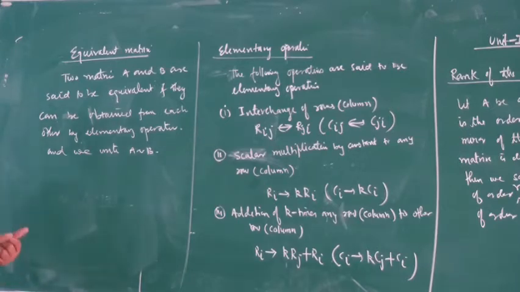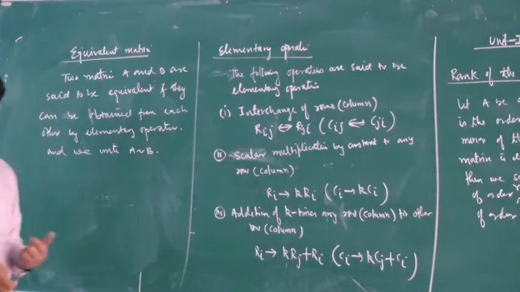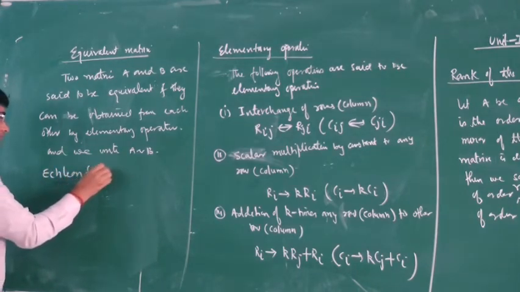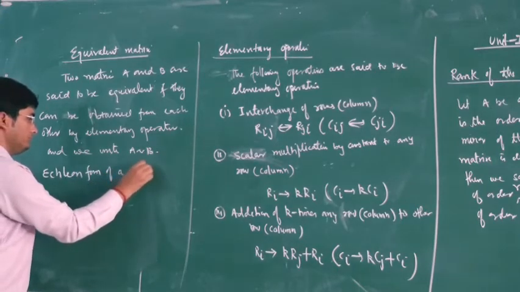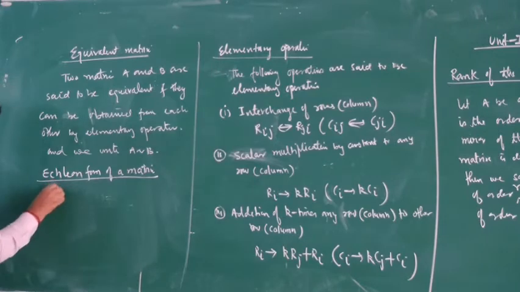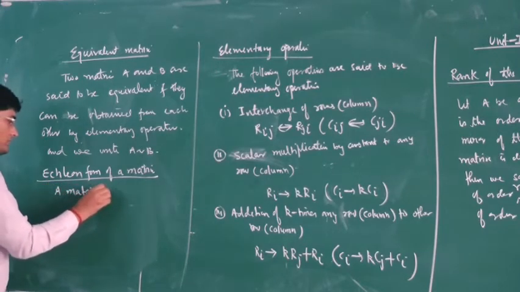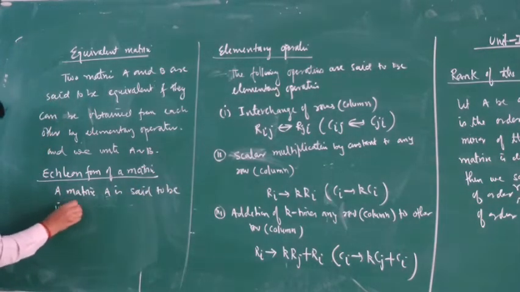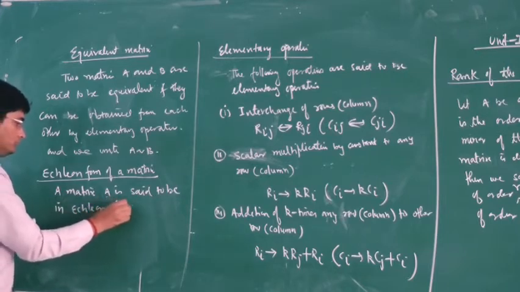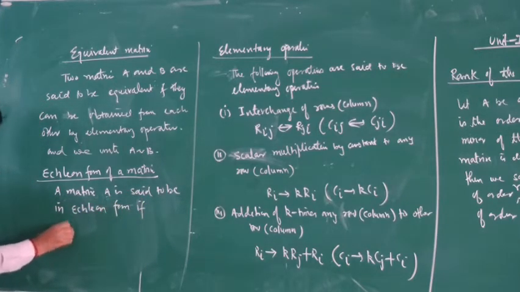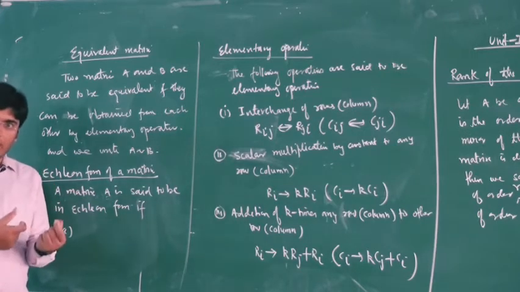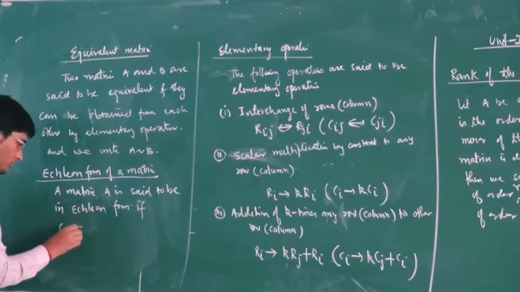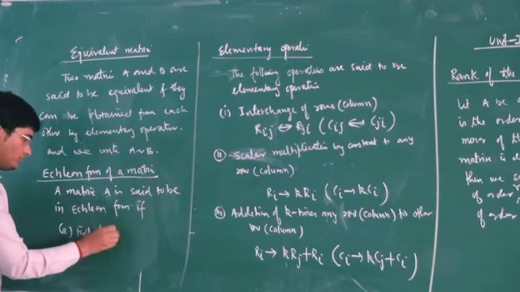Now let us discuss the rank of the matrix using the echelon form. So echelon form of a matrix. A matrix A is said to be in echelon form if the first condition is that the first element of the first row should be non-zero and it should be unity.